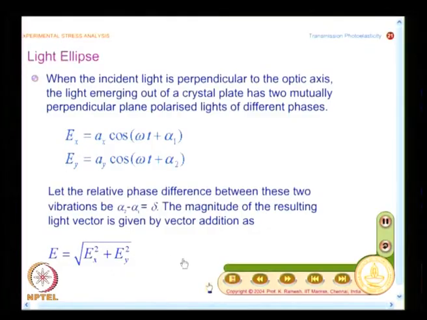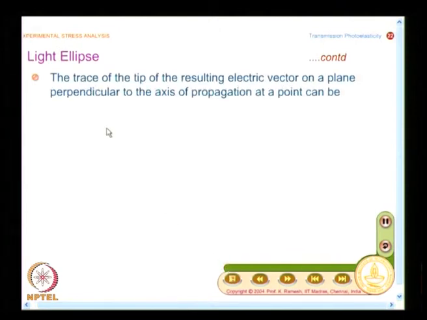Now, my interest is what would be the trace of this light that comes out of the crystal plate. For me to do that, I have to eliminate time. What I want is the trace of the tip of the resulting electric vector on a plane perpendicular to the axis of propagation.